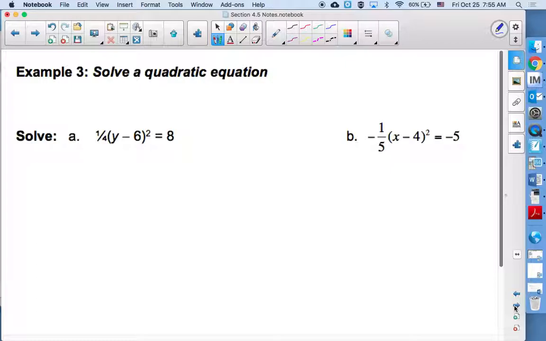And if there's a fraction, generally we want to get rid of it. So he said multiply by the reciprocal on both sides. So we will multiply by the reciprocal, which would be multiplying by 4. So the 4 and the 1/4 cancel. You still have y minus 6, and it's still squared. And now we have 32.